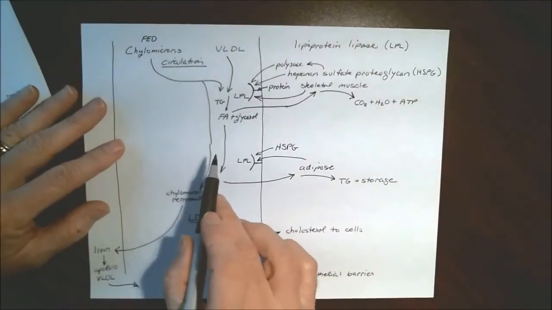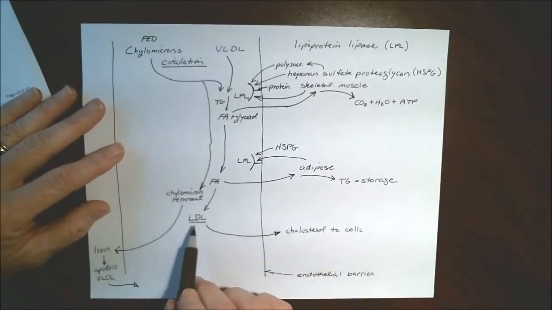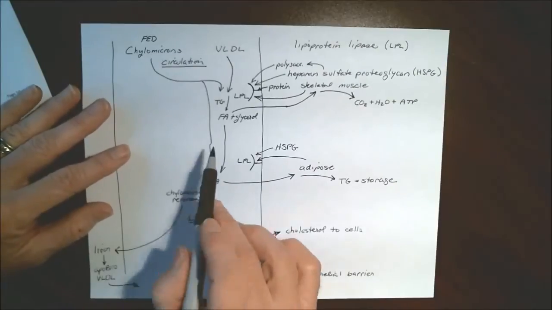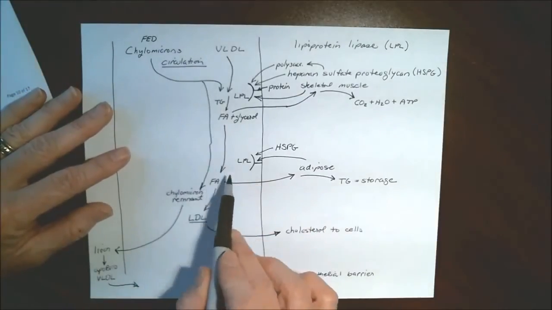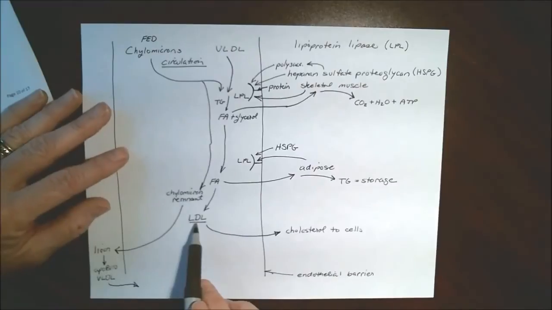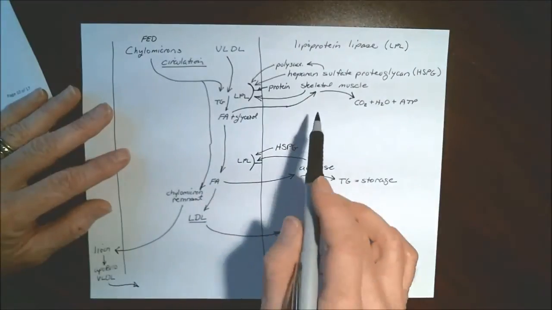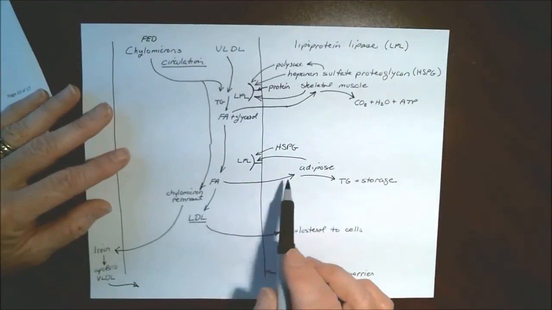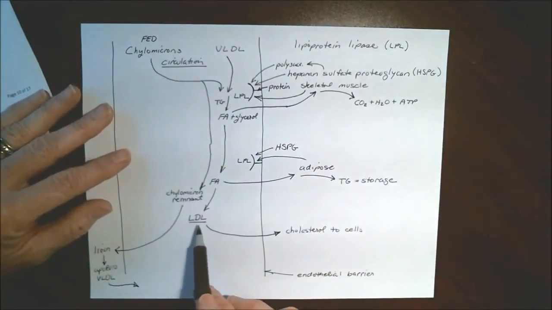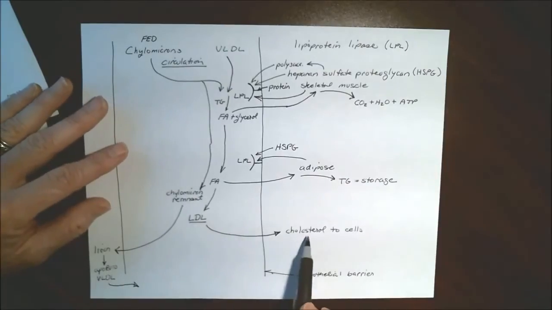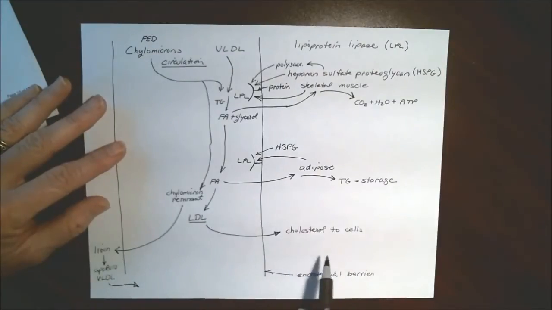Recall that the VLDL is being processed into this lower density structure because we're losing lipid. The lipid we're losing is triglyceride. What remains largely in the LDL particle is cholesterol. So by processing VLDL, we can release fatty acids to tissues for energy, tissues for storage, and then the remaining, spent particle, LDL, can be transported and deliver its balance of lipid cargo, cholesterol, to cells.